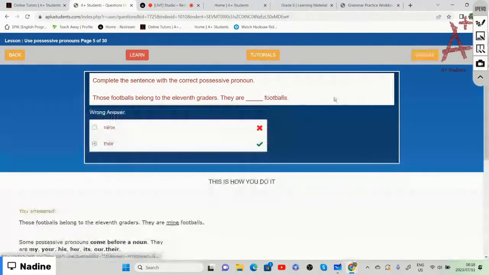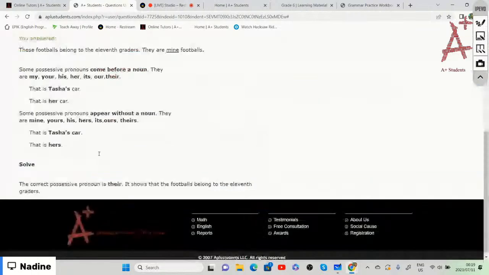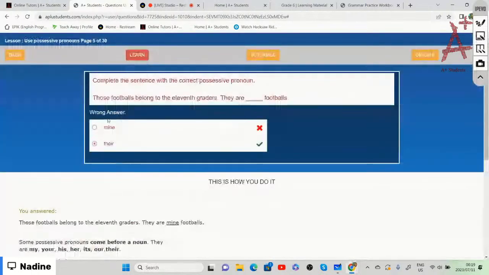I just chose mine as an example to show that if ever you get anything incorrect, it takes you back to the tutorial page. Once it takes you back, it will tell you the incorrect answer that you chose, as well as what the correct answer is.